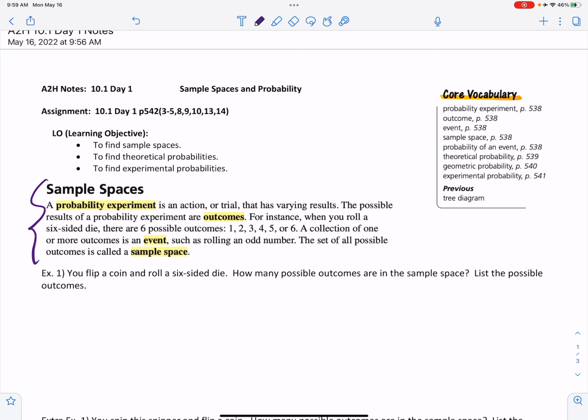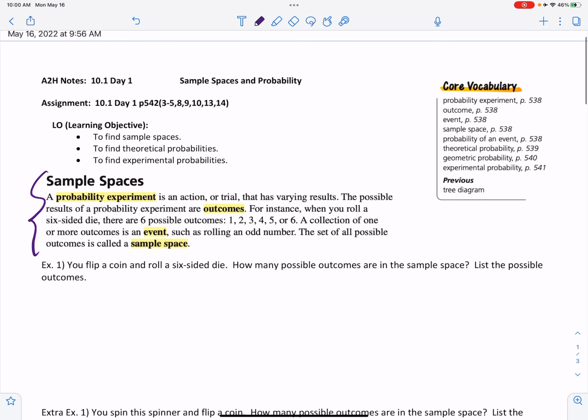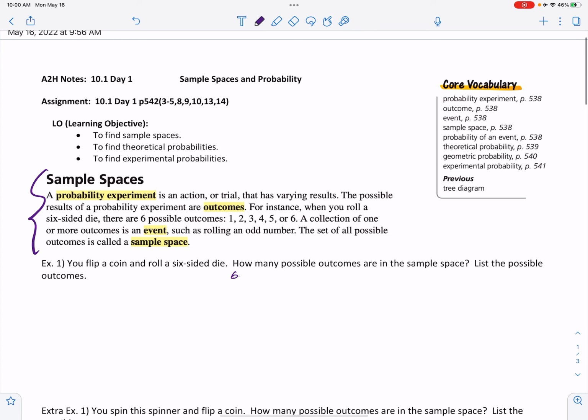So in this first one, you flip a coin and you roll a six-sided die. And so how many possible outcomes are there? And then list those possible outcomes. Well, this fits what we call a general counting principle.